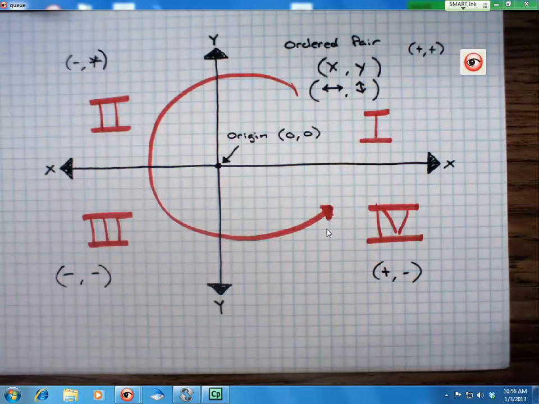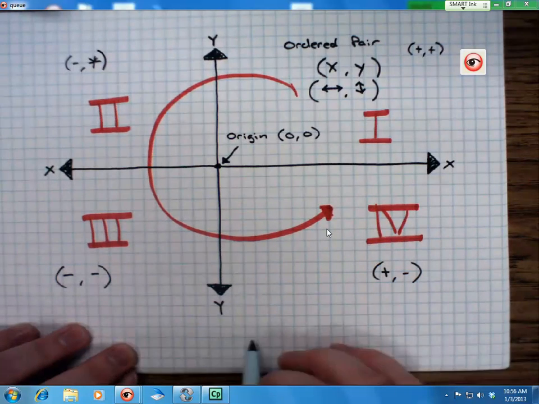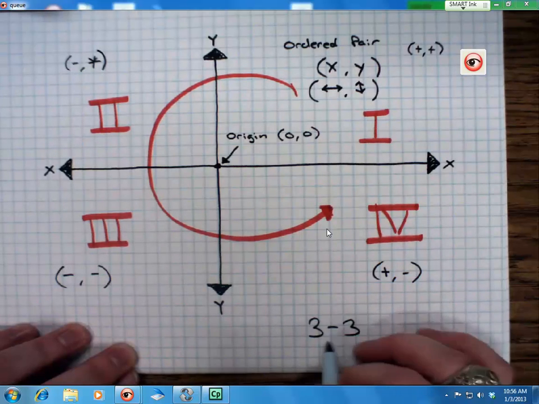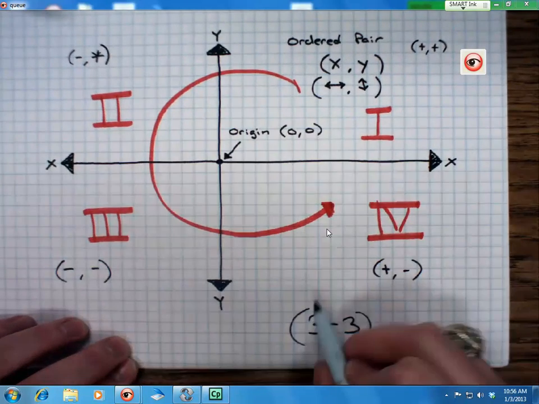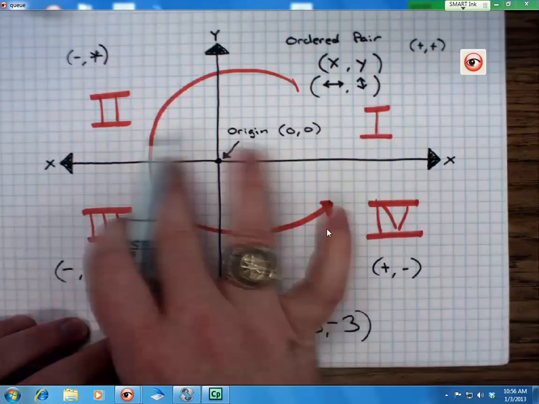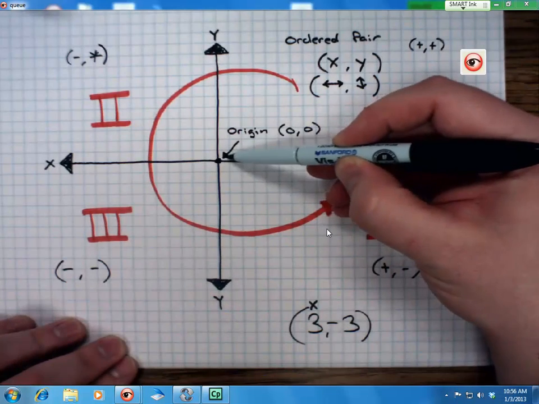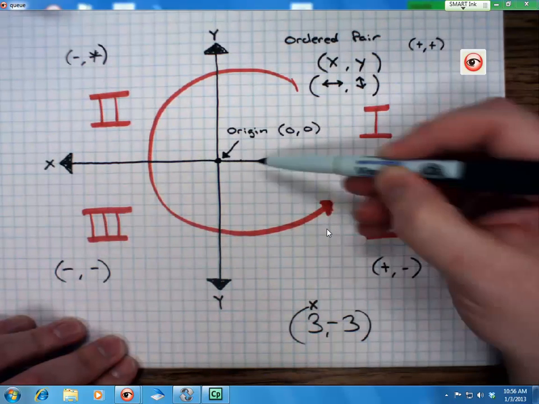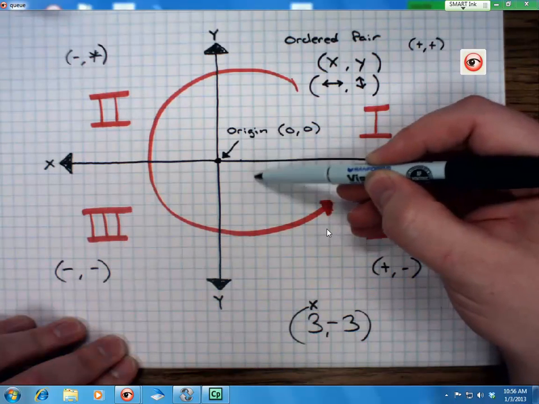Now, let's say we had a point that it wanted us to graph, say, ordered pair 3, -3. Okay? Remember, this first number right here is our x. We have to go left and right first. So I'm going to go over 3 places. Since it's positive, I have to go to the right. So I count 1, 2, 3. Then it says -3. So my next number, since it's negative, I have to go down 3 places. 1, 2, 3.